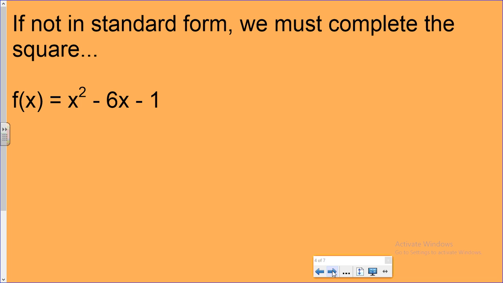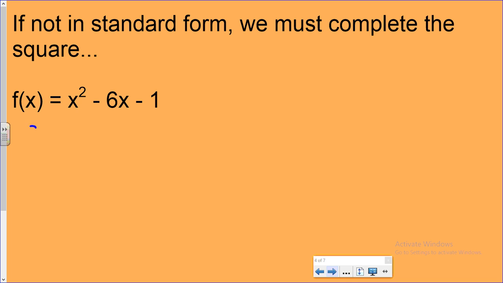As we go through completing the square, I'm sure it will become more familiar, but if you don't remember it right this second, it is going to be okay. So I'm reteaching it. So, first of all, you can only complete the square if the leading coefficient is a positive 1. In this example, the leading coefficient is a positive 1. We will look at what happens if it is not.